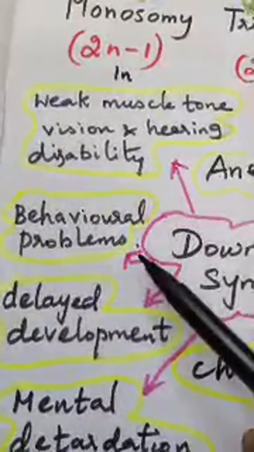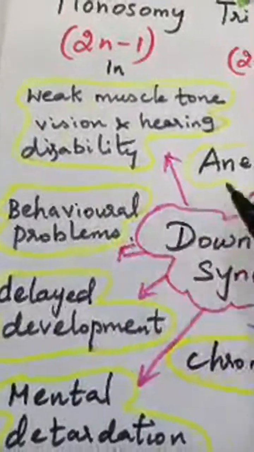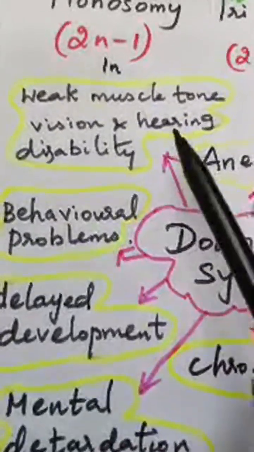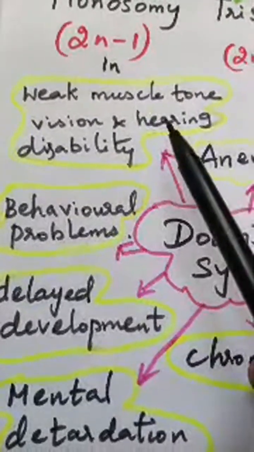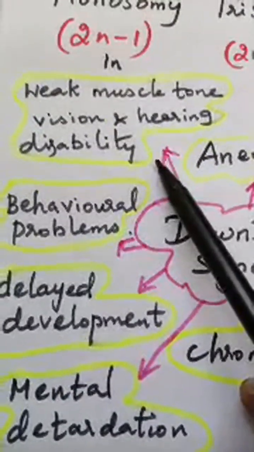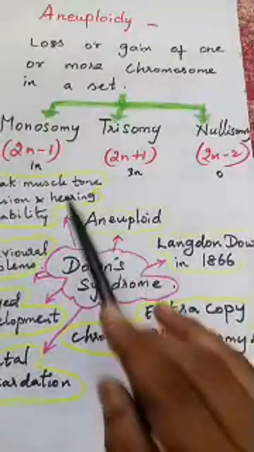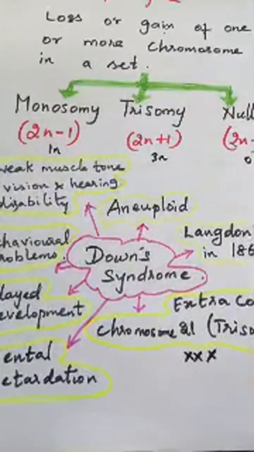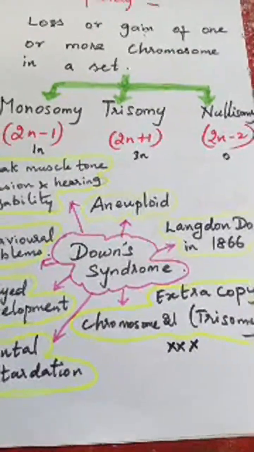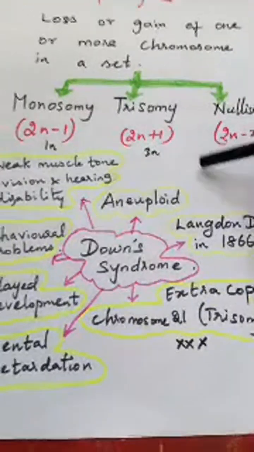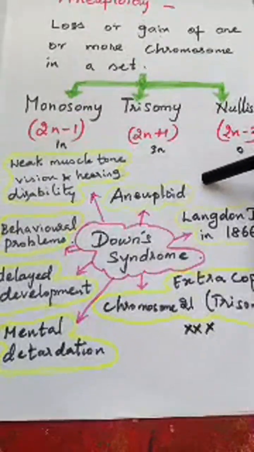They will have some behavioral problems, weak muscle tone, and vision and hearing disability. These are the symptoms or clinical complications when the individual is suffering from Down syndrome, which comes under the aneuploidy mutation.